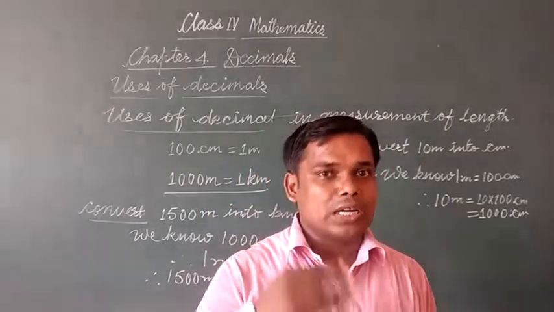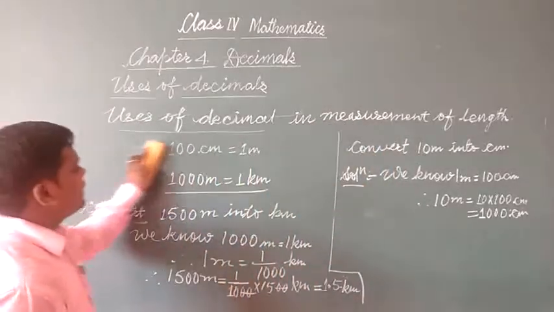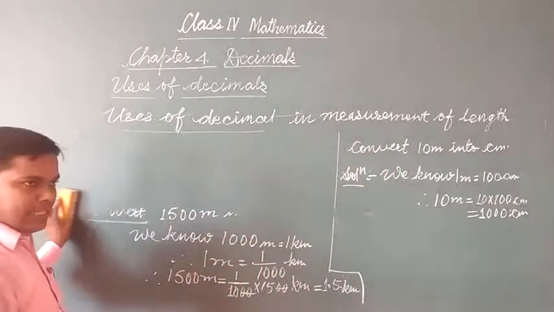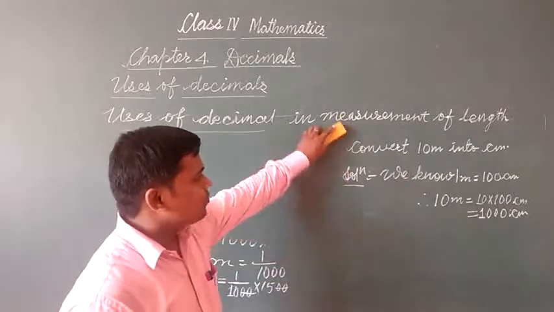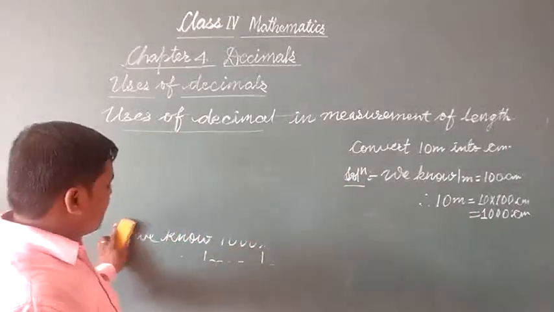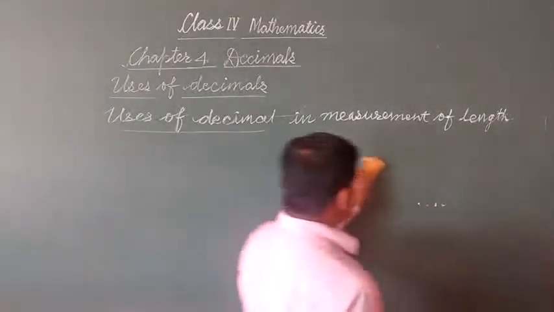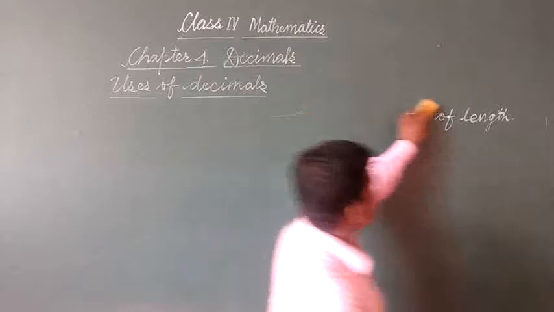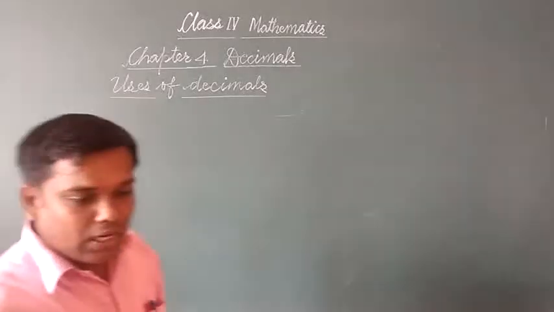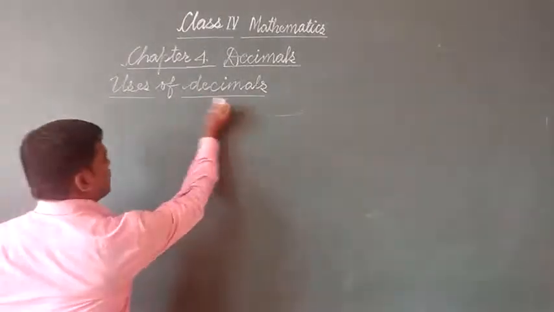Then we have to convert units of capacity, and in the units of capacity you have milliliter, the smallest unit, and liter, the bigger unit, and the biggest unit is kiloliter. So that conversion you have to also remember. I am writing here. You can also refer to your book. Every conversion is given there, you can learn.